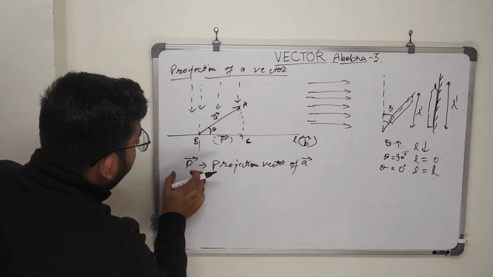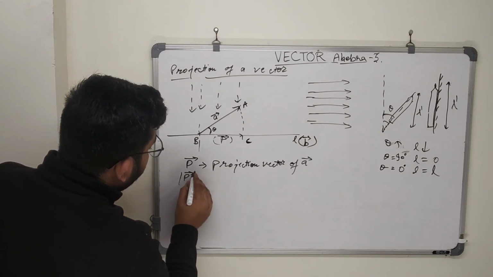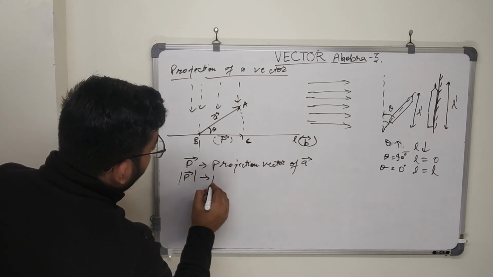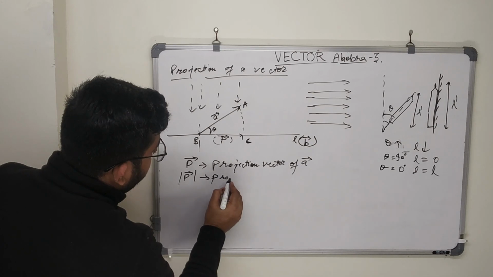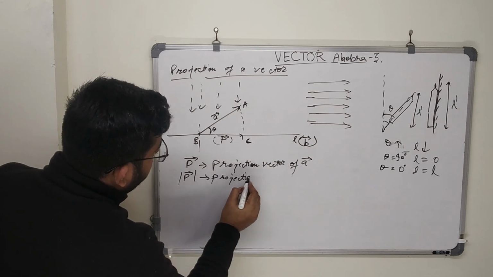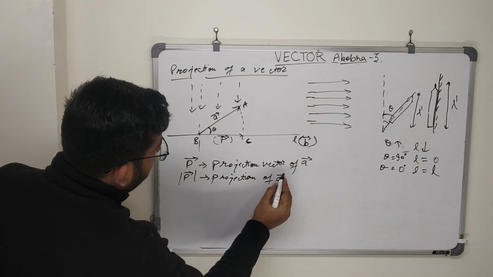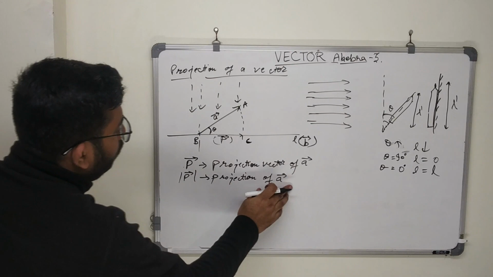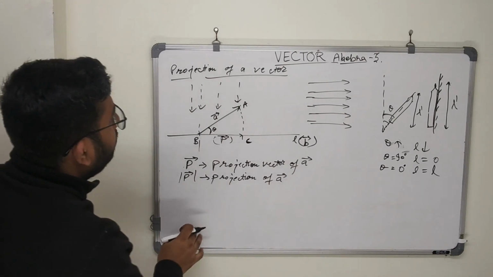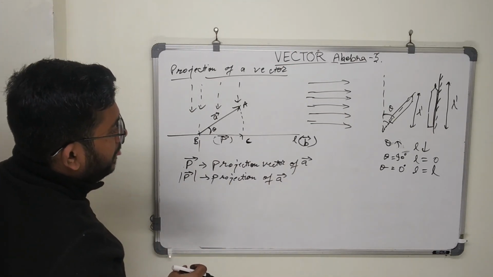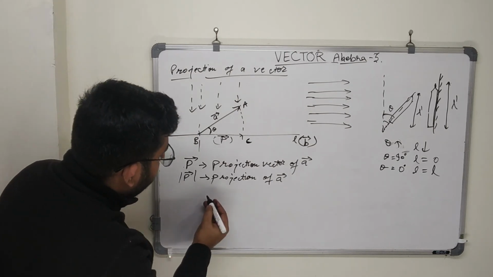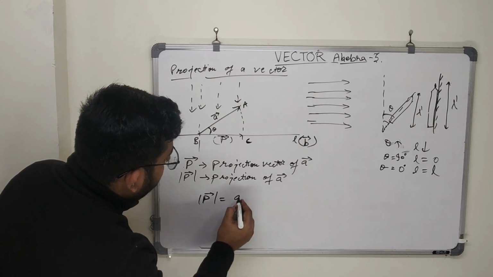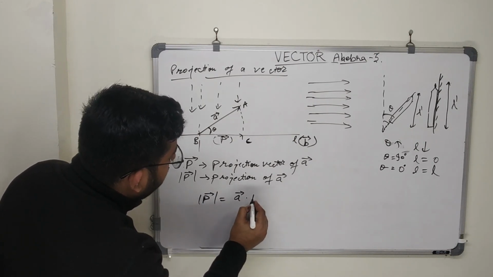But if we are going to find the magnitude of P vector, this will be called as projection of vector AB. तो अब हम प्रोजेक्शन ऑफ ए वेक्टर को कैसे फाइंड करेंगे, उसके लिए एक फॉर्मूला है, that is based upon the formula of unit vector, that is magnitude of P vector is equal to a vector dot b cap.